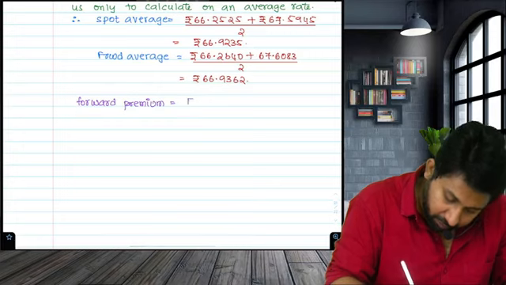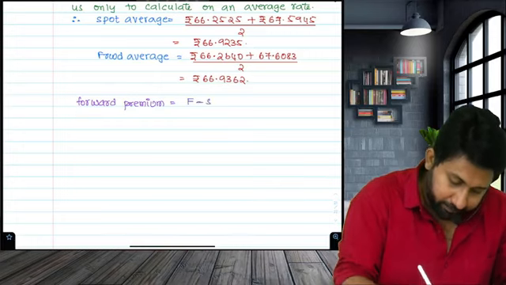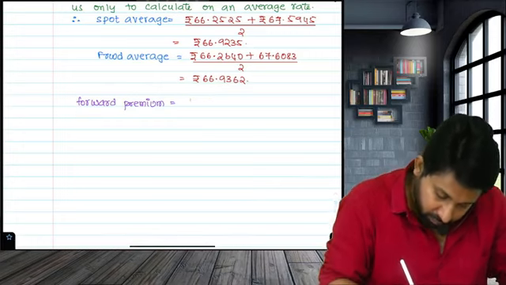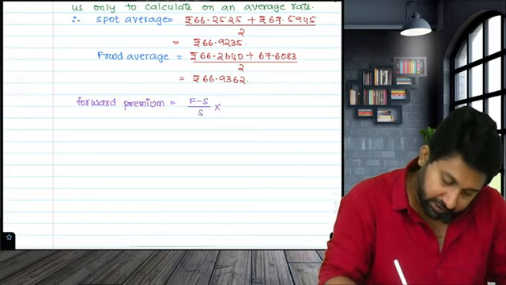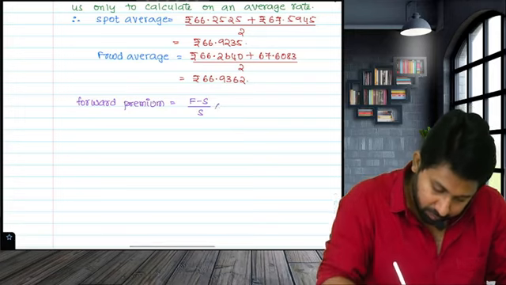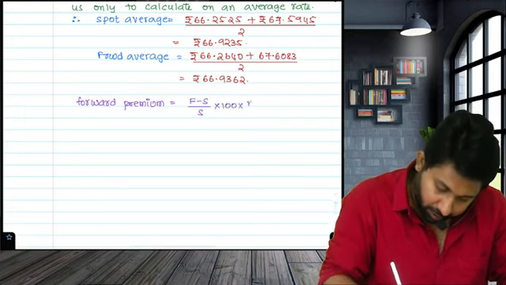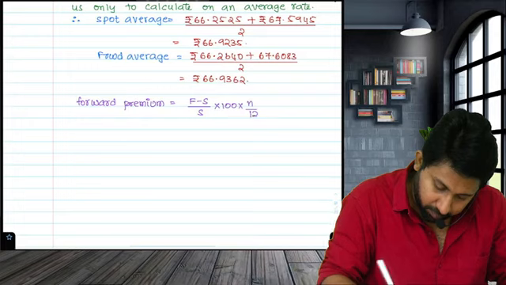Forward premium equals F minus S by S into 100 into N by 12.